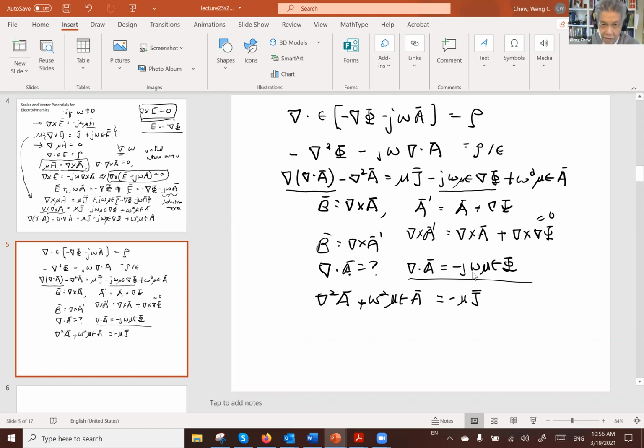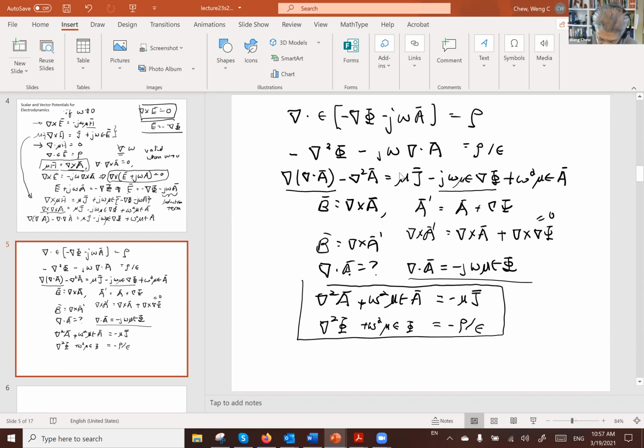So the equation for the scalar potential would just become that. And then the second term, if you do the proper substitution, also becomes omega square mu epsilon phi, with a plus sign here. And then the right-hand side, I would just put rho over epsilon. Okay, so we have these two equations, one for the vector potential A and one for the scalar potential phi.